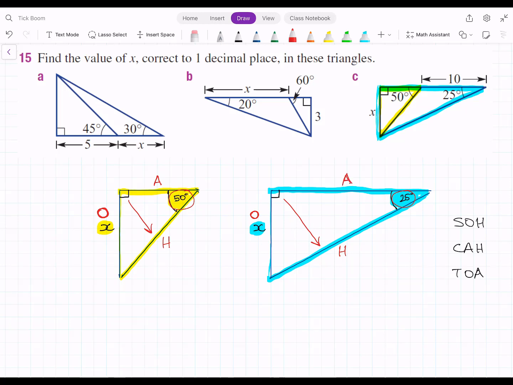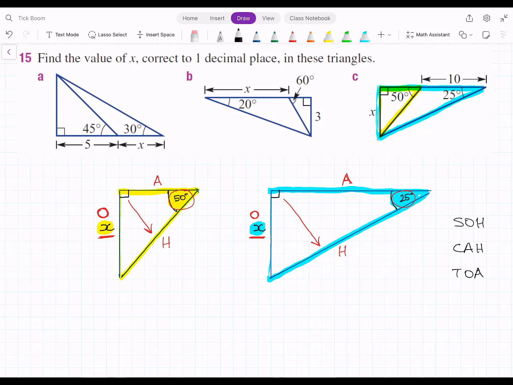Now, I think the tricky part of this question is that to work out which ratio will help us here, we need to think about the two sides that we can work with. Now, we've been given the x, which is what we need to find, but we haven't been given any other side. But what can prove useful is we can define one of the other sides.